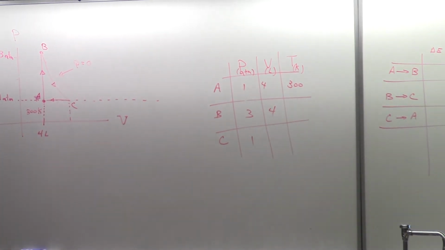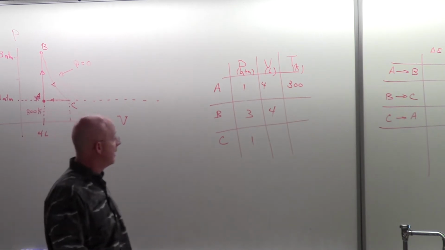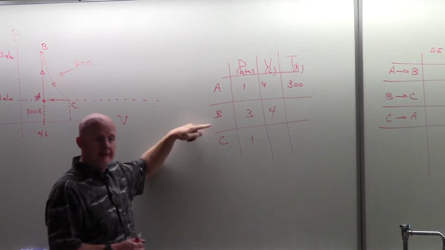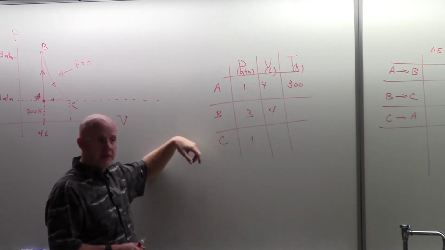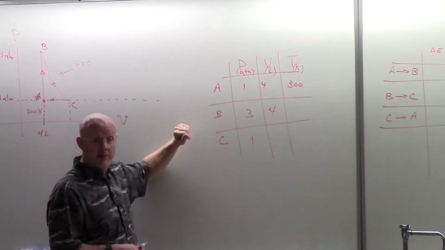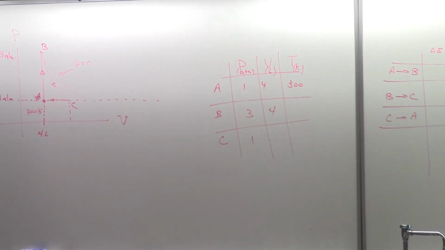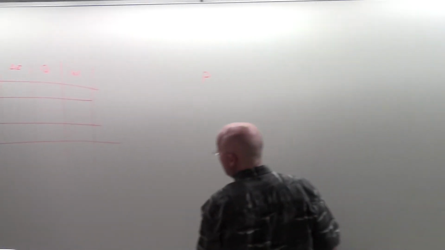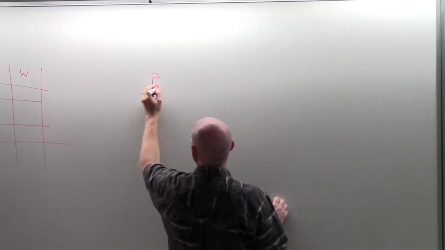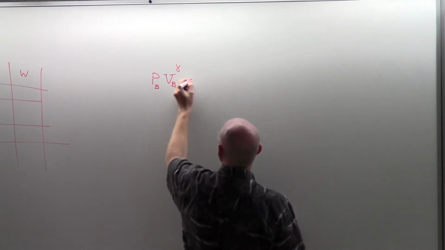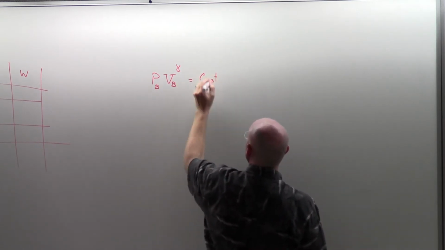Okay. And actually, that's enough in my chart to give this away to me, because how are B and C connected? What process? Adiabatic. Do I know the equation for an adiabatic process? Oh yeah, that's why we just went through all this math, right? So I know that the pressure at B times the volume at B raised to a power of gamma equals some number, a constant.